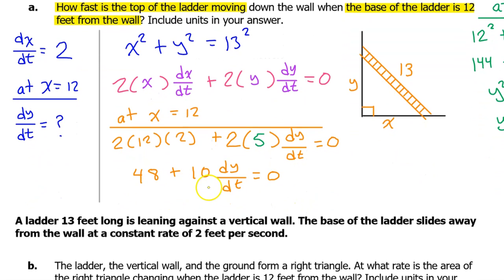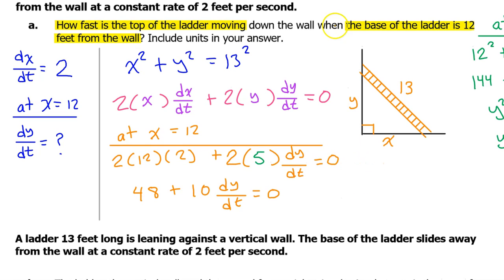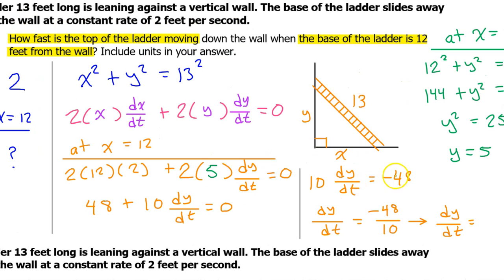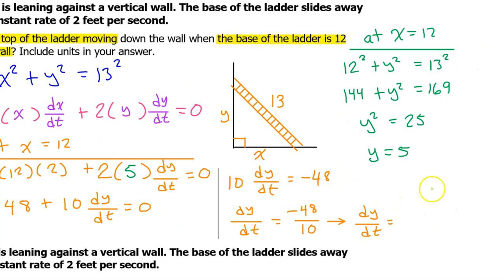Subtracting 48 from both sides, we have 10 dy dt is equal to negative 48. Then if we divide both sides by 10, we get negative 48 over 10, which simplifies to negative 24 over 5. Don't forget the units.